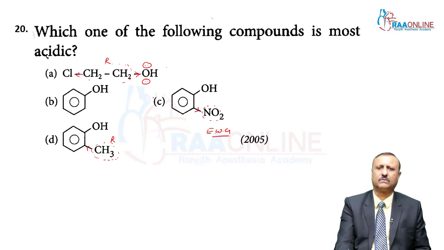So the answer is C. C is the correct answer, because NO2 is an electron withdrawing group and accepts the electrons, so it increases the acidity relative to phenol, while the CH3 group decreases the acidity. Here chlorine is attached, but the alkyl group decreases the acidity. In this way you get the answer C.